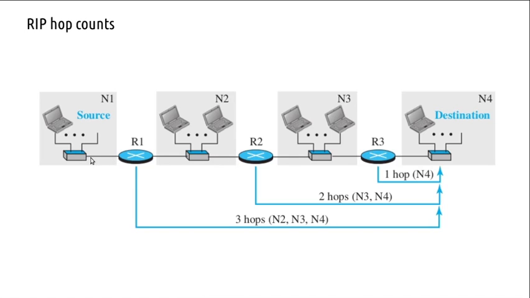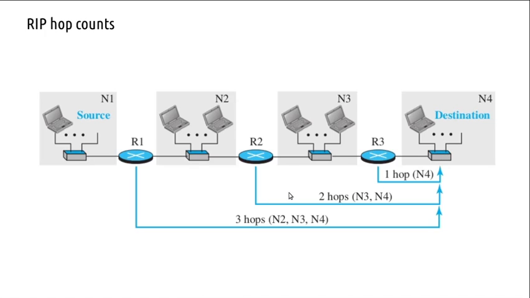Similarly here, the source network to the source router connection is not considered as a hop. That is an important thing to note. The source router to the source network hop is not counted in RIP. So the intermediate connections are considered as hops. You require these many hops to reach the destination. So this is a hop count.